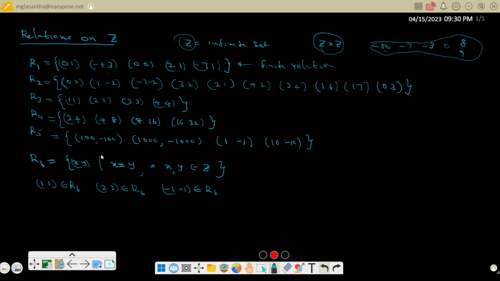After this slash, we define the rule, how you choose x and y. That's the rule. Okay, (1, 1) belongs to R6 because one equals one. This is the x value, this is the y value. x equals y, right? This is also the x value, this is the y value. x equals y.